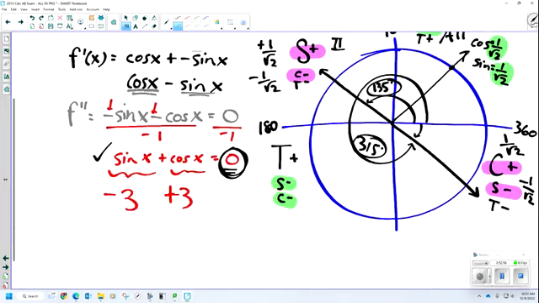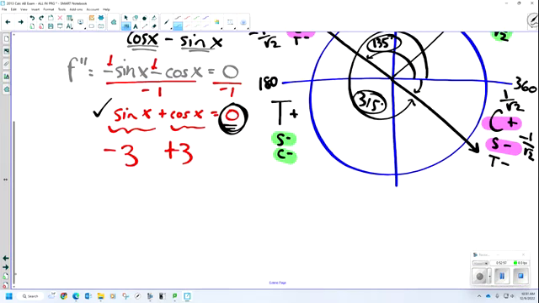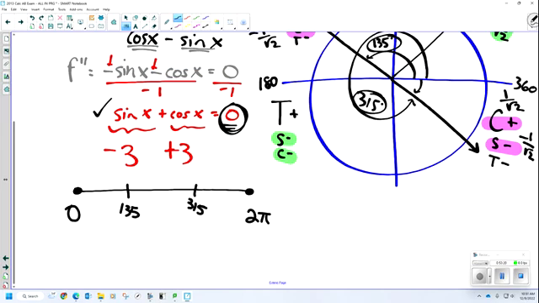Let's get a number line working here. In fact, it only goes from 0 to 2 pi. So here's 0, here's 2 pi. We have 135 degrees, and we have 315 degrees. This is 3 pi over 4.